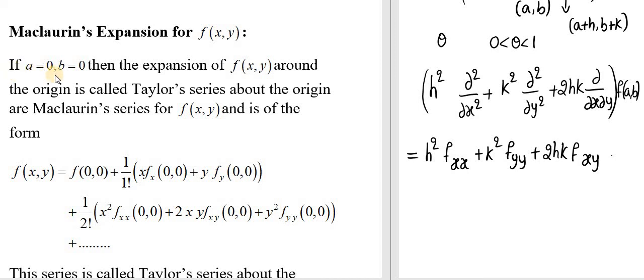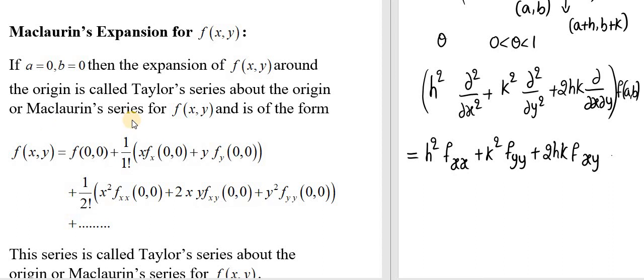That is, if a equal to 0, b equal to 0, then the expansion of f of x comma y around the origin is called Taylor's series about the origin, or Maclaurin series for f of x comma y, and is of the form.